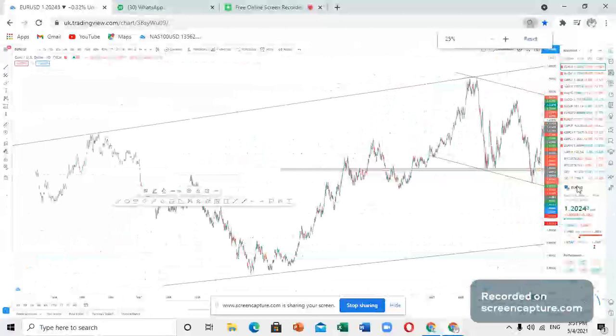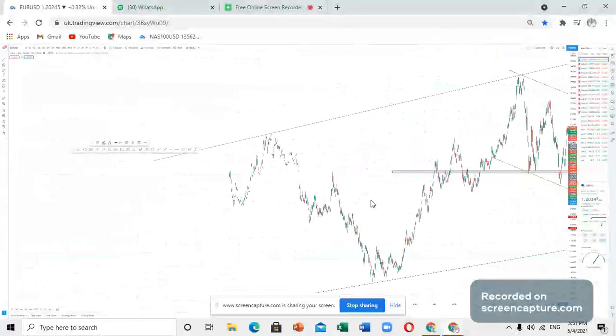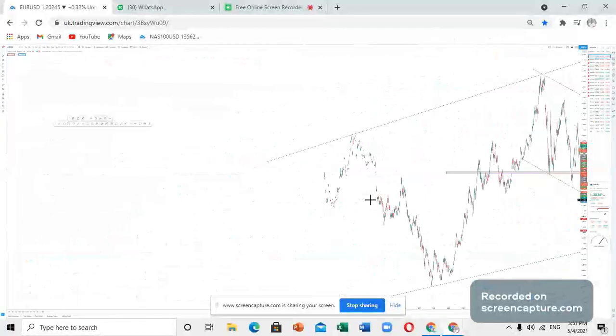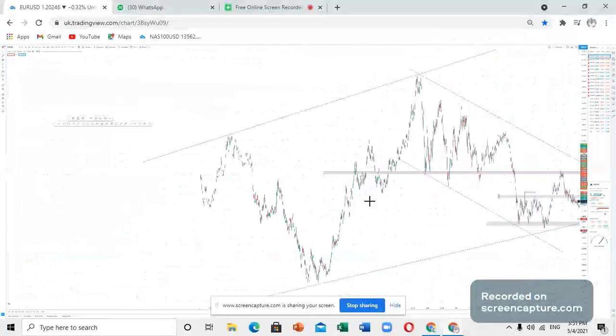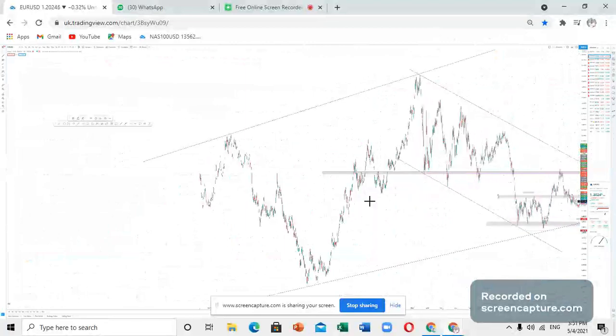Let me zoom out again. You can see the market has been moving on, and I'm sorry that it's not so clear, but generally the market has been moving on an uptrend.